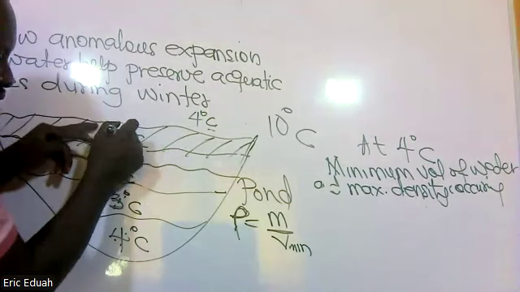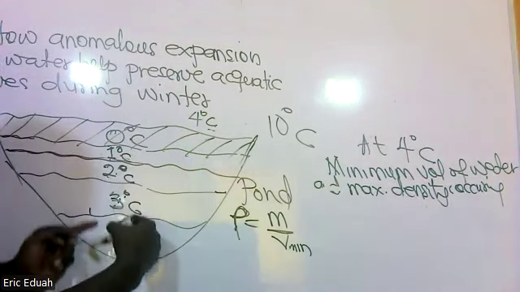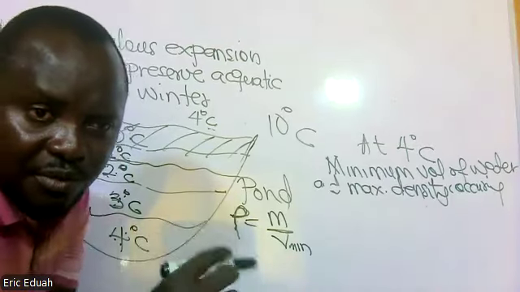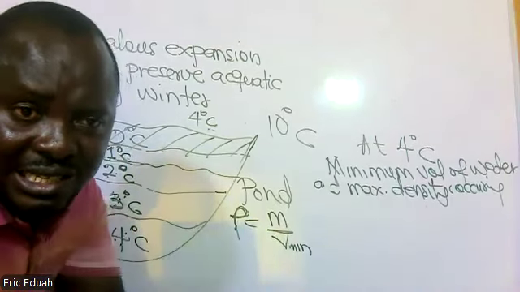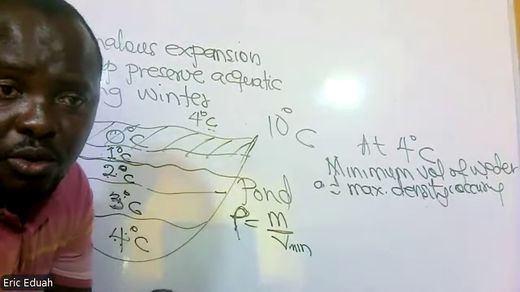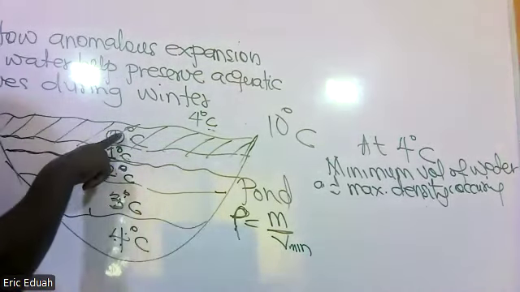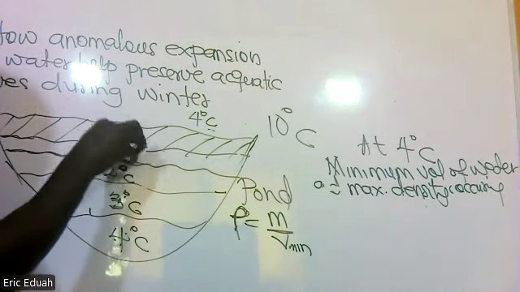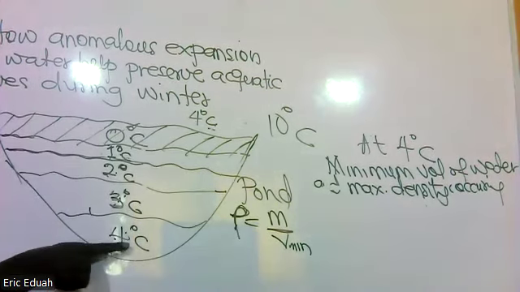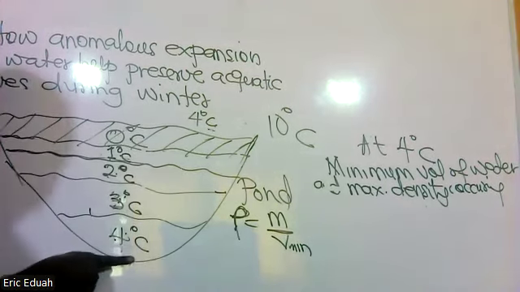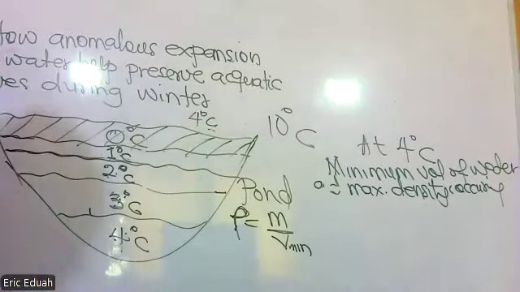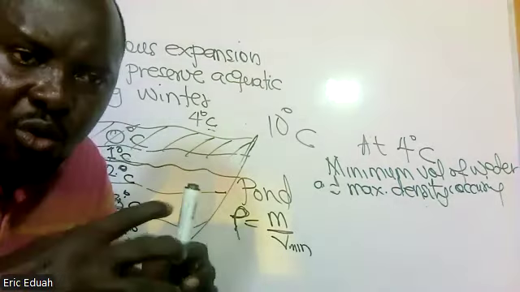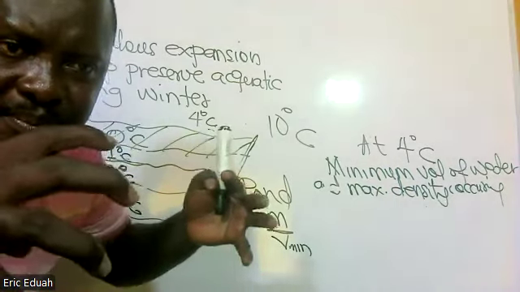And once it is heavier, it has to settle below, because when liquids have varying densities, the less dense liquid will settle on the more dense liquid. So we'll have water with different densities, at 4 being the heaviest of all. Then at 3, the same volume of water will be expanding.